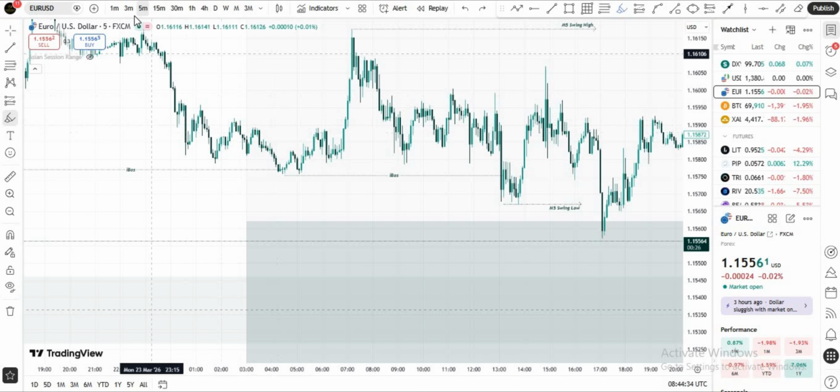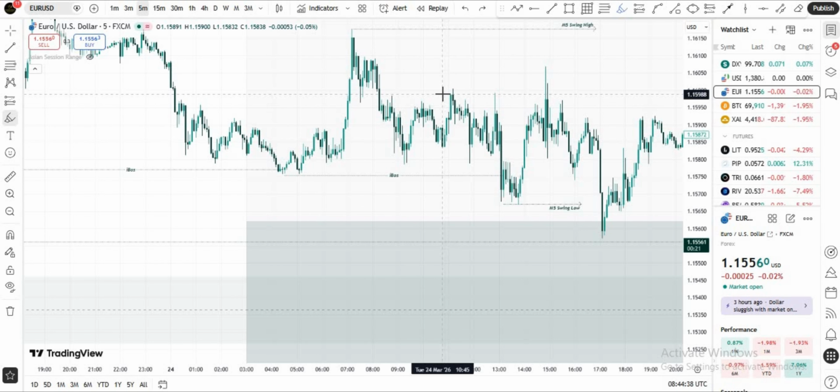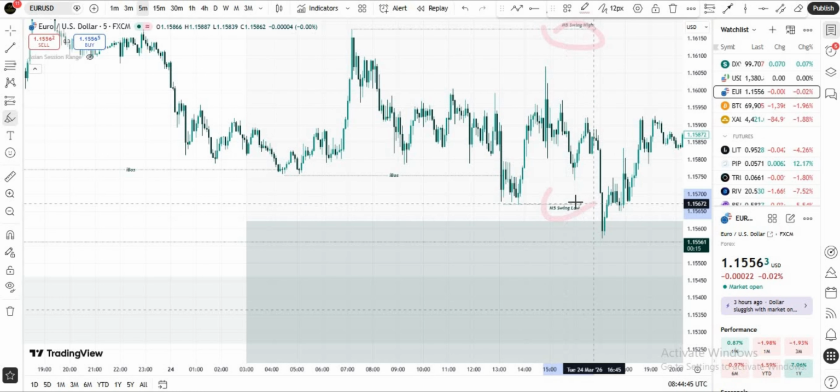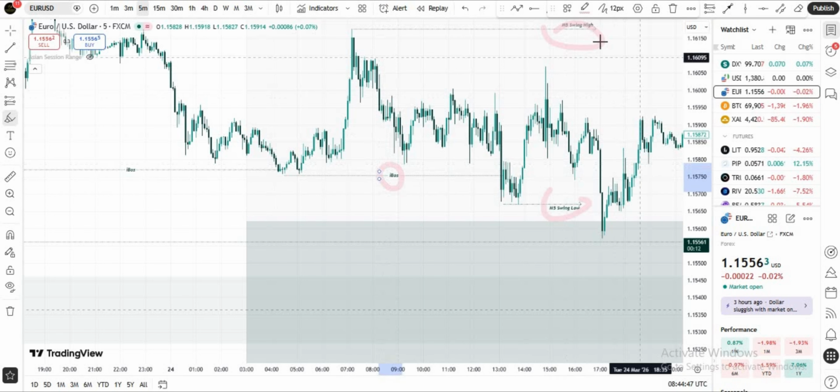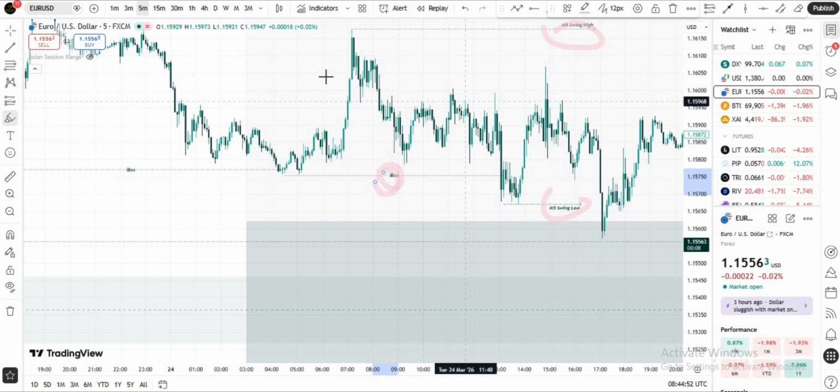Let me just move down to the 1 minute time frame. On this 5 minute time frame, note I've marked out my recent range, which is this high and this low that led to this high that led to this internal break of structure. So this is where we are currently at.